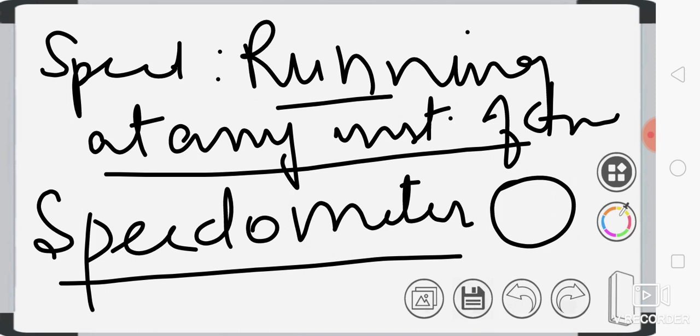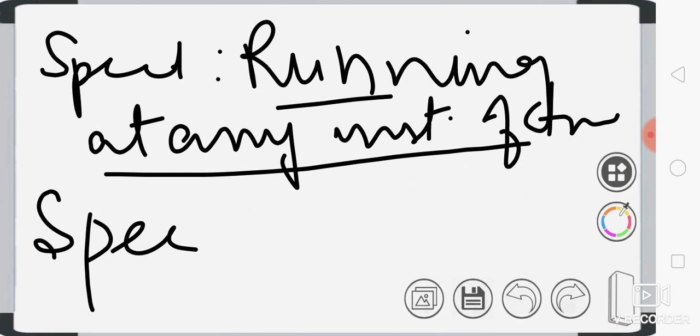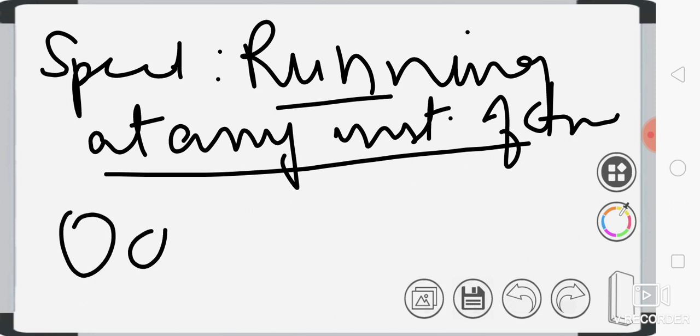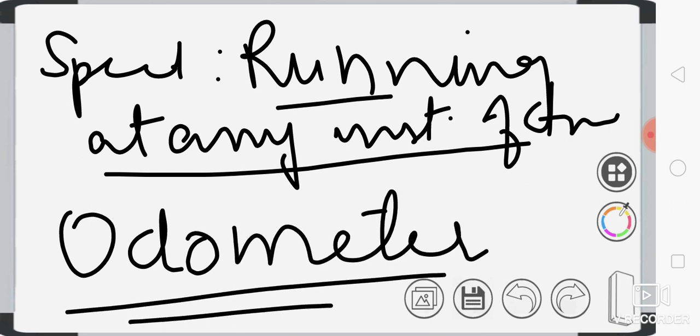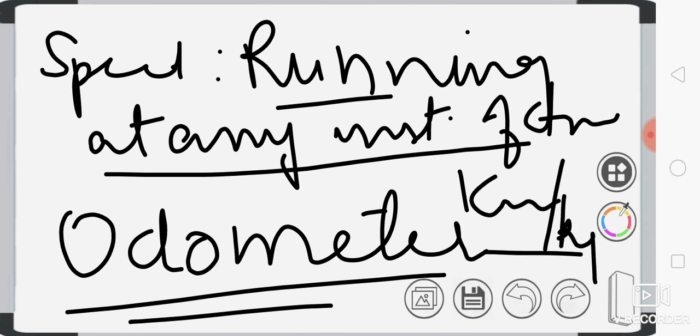And if we want to measure with another instrument, it is termed an odometer. We had already studied about the odometer in our previous class also. The speed on a speedometer or odometer is in kilometer per hour, and it records the distance covered in kilometers. So this is all about speed.